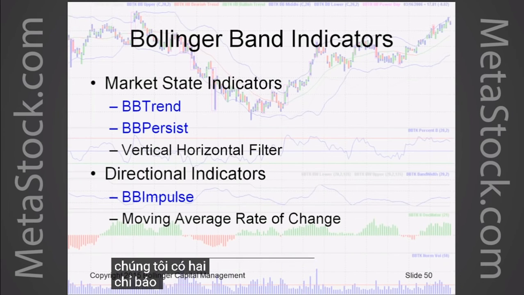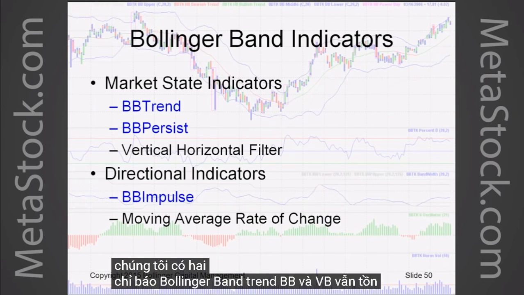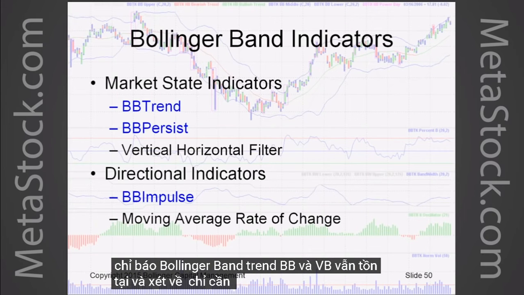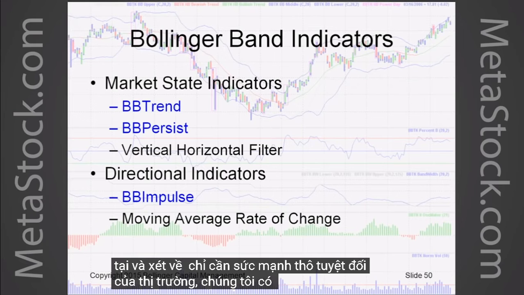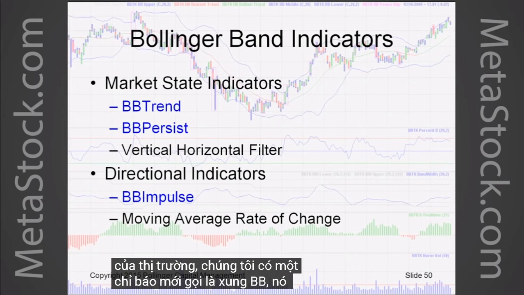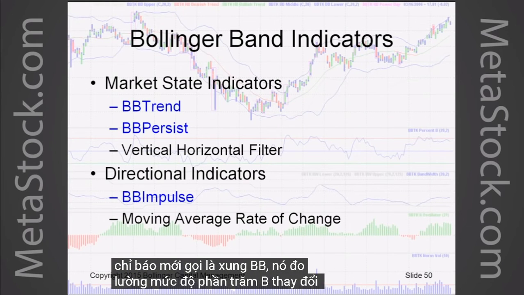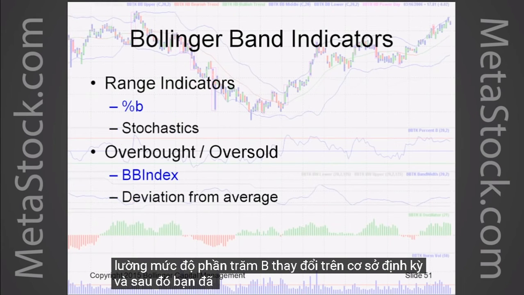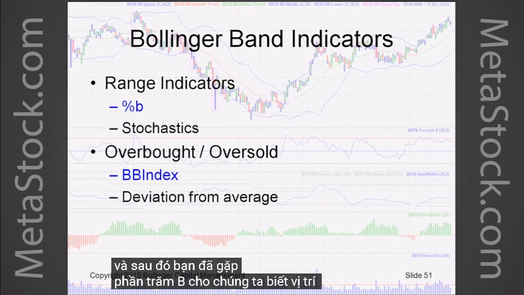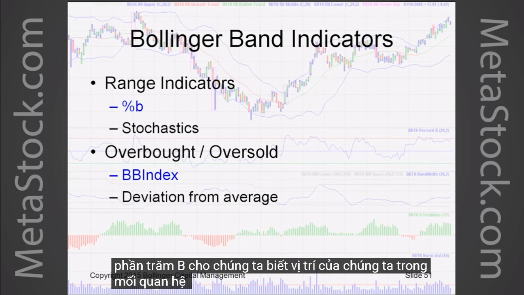In terms of market state indicators like ADX, or the vertical horizontal filter, we have 2 new Bollinger Band indicators, BB trend and BB persist. And in terms of just sheer raw strength in the marketplace, we have a new indicator called BB impulse that measures how much %B changes on a periodic basis. And then you've already met %B. That tells us where we are in relation to the Bollinger Bands.